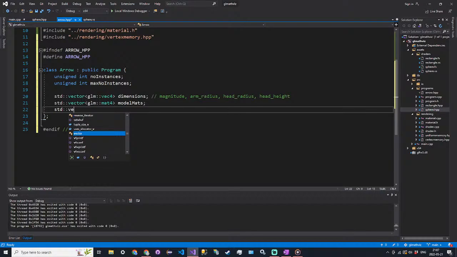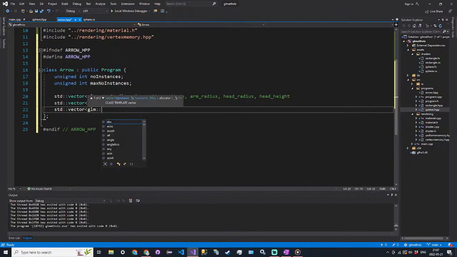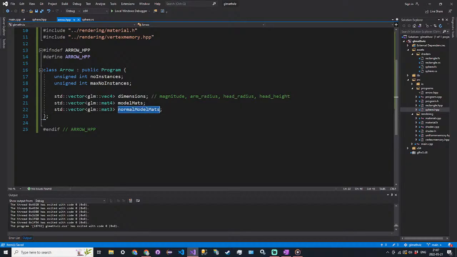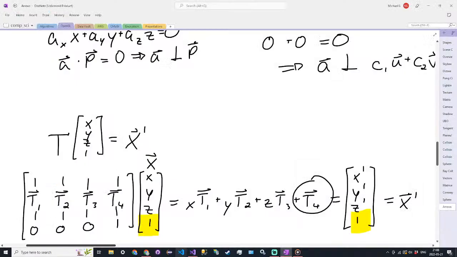So this is going to be a standard vector of a 3D matrix, so mat3. And these are going to be the normal model matrices. What these will do is allow us to calculate a transformed direction, so specifically a transformed normal vector. And we will see what the normal vector will be, and it will become apparent what it is.